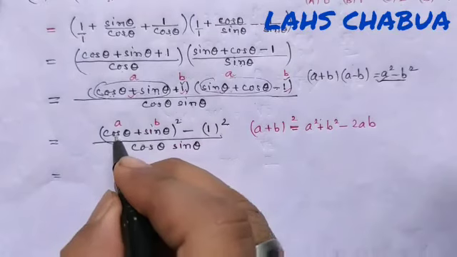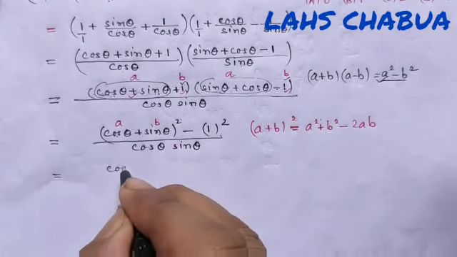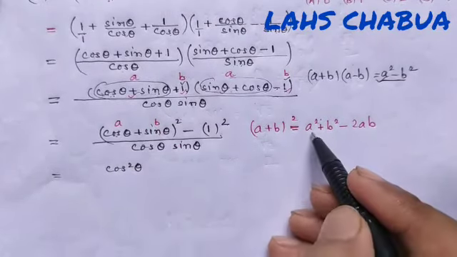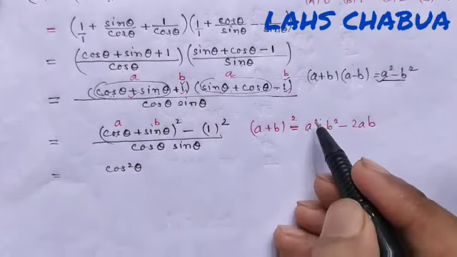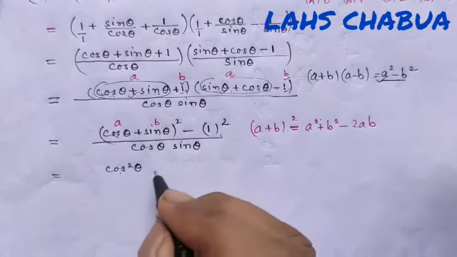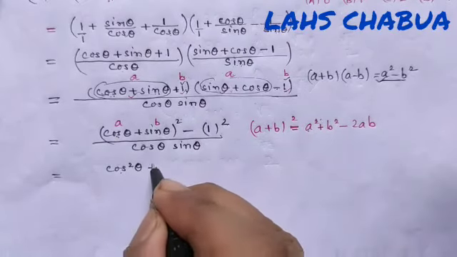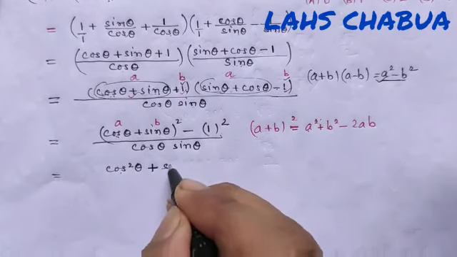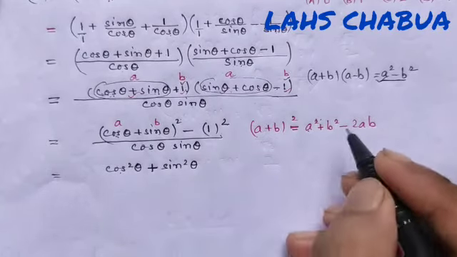See, A square, A term is cos theta, so A square means cos square theta. Next, plus B square, our B term is sin theta, so it will become sin square theta.